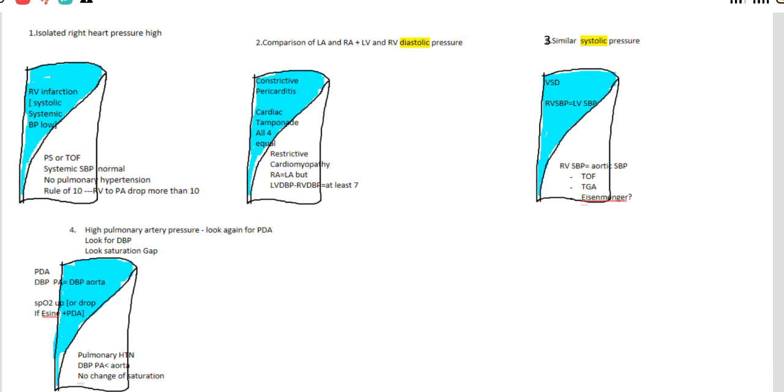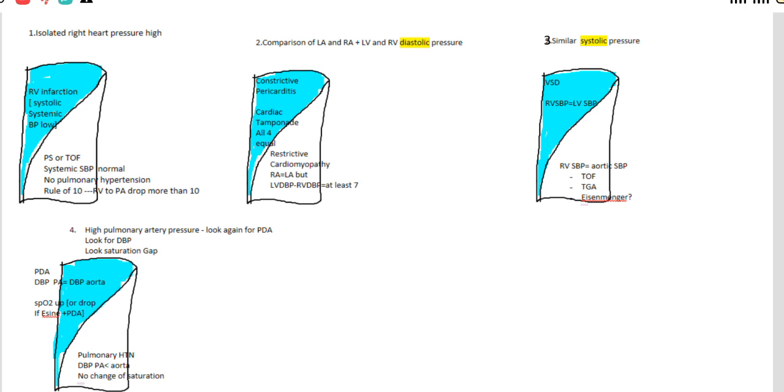So in that case, with the pulmonary stenosis, we previously also told, from the right ventricle to the pulmonary artery there is a gap of pressure. Right ventricle has a high pressure and pulmonary artery has a low pressure. So in the pulmonary stenosis or the tetralogy of Fallot, there is no pulmonary hypertension. Isolated right side blood pressure elevation is there. Right side heart blood pressure elevation is there.